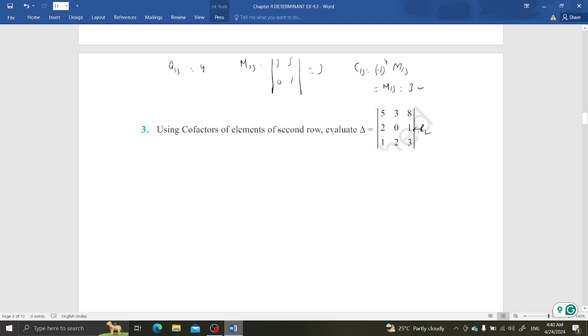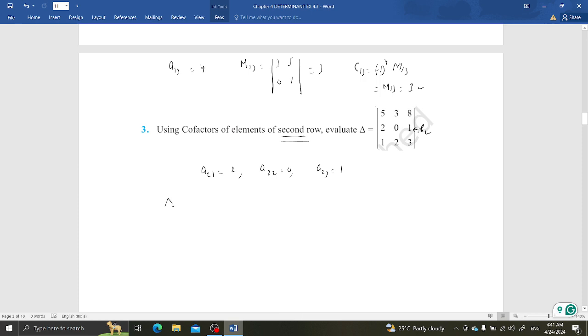But here they specified along R2 we need to expand our determinant. So first of all, writing the elements: A21 is 2, A22 is 0, A23 is 1.